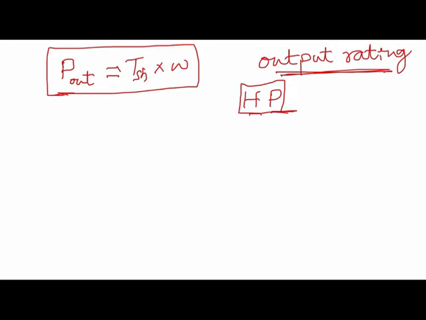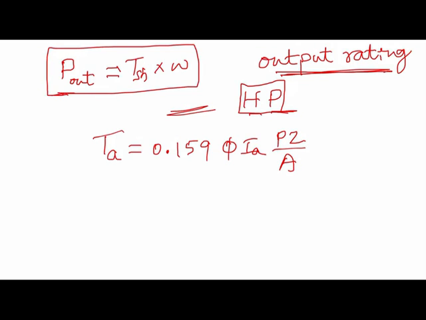So this is about the torque equation of the DC motor as well as the types of torques in the DC motor. The important thing in this concept is to understand how we got the torque developed in the armature: TA equals 0.159 into phi into IA into PZ by A. And for the types of torques, TA is equal to TF plus TSH.